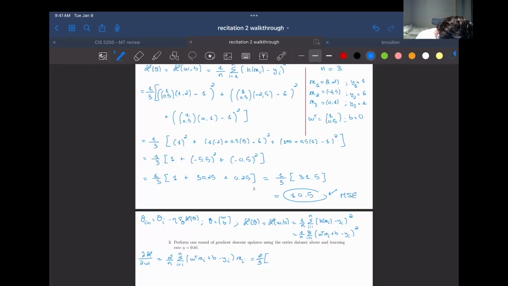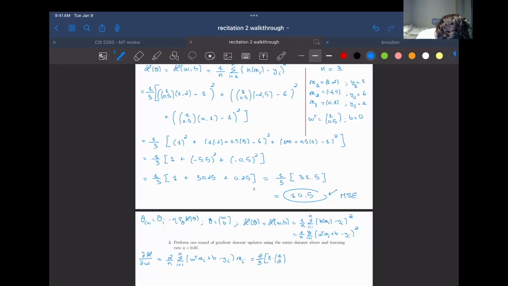So we can write, I'm going to take 1 for when i is equal to 1 for this, and then minus 5.5, and then minus 0.5, and multiply them by the xi's here. Feel free to do the computation again if you want, but I'm just saving some time here. 1, and then x1 is (1, 2).